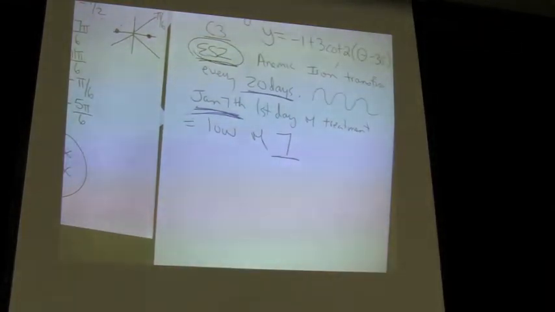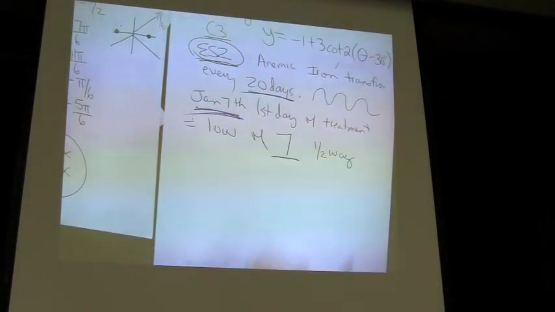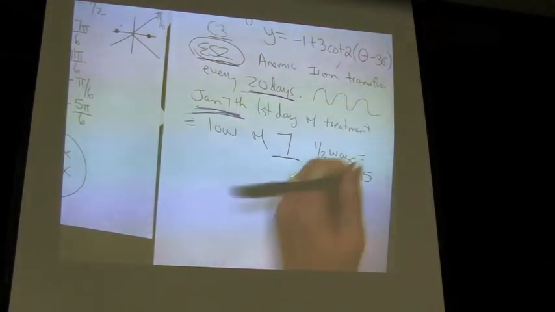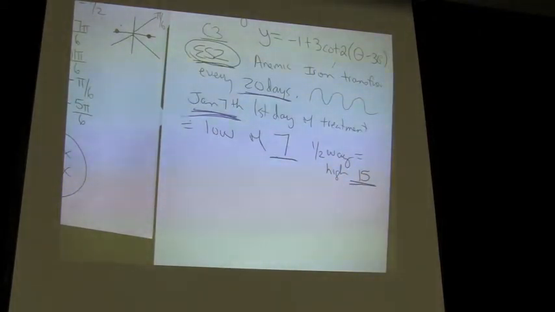That's a fact, right? Halfway between treatments, now she's at a high of 15. Another fact. Okay? Assume her white blood cell count varies sinusoidally with the day of the year.